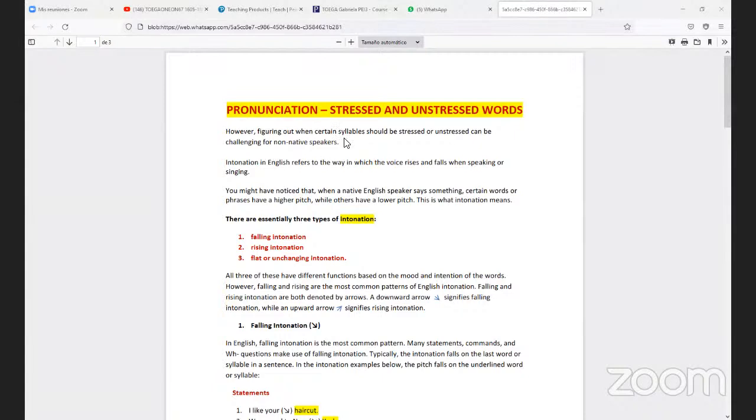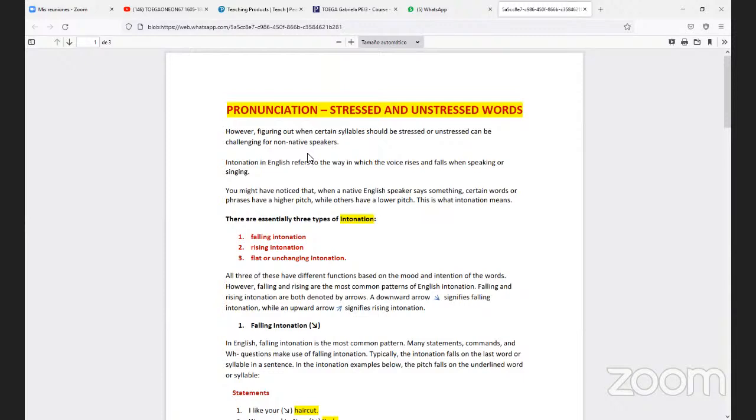We have the first part, where we are going to find the stressed or unstressed words. It could be in words, in complete sentences, or even in paragraphs. The most common are words and phrases. We have the intonation, which is a good challenge for people who are not native speakers of English.